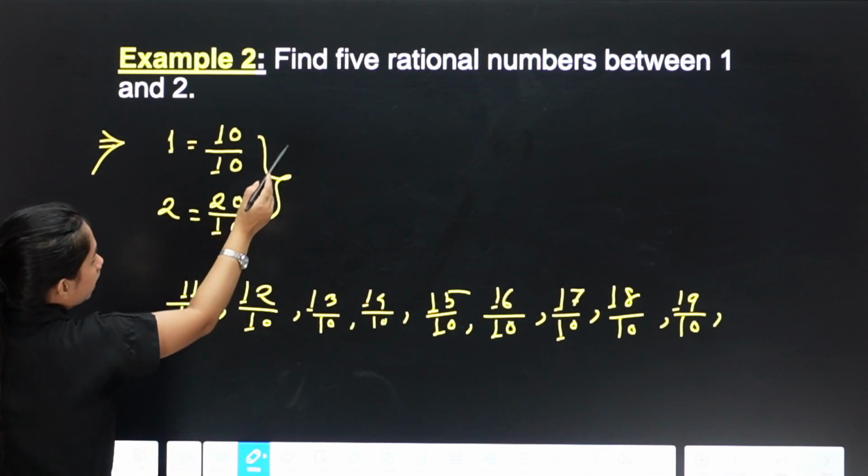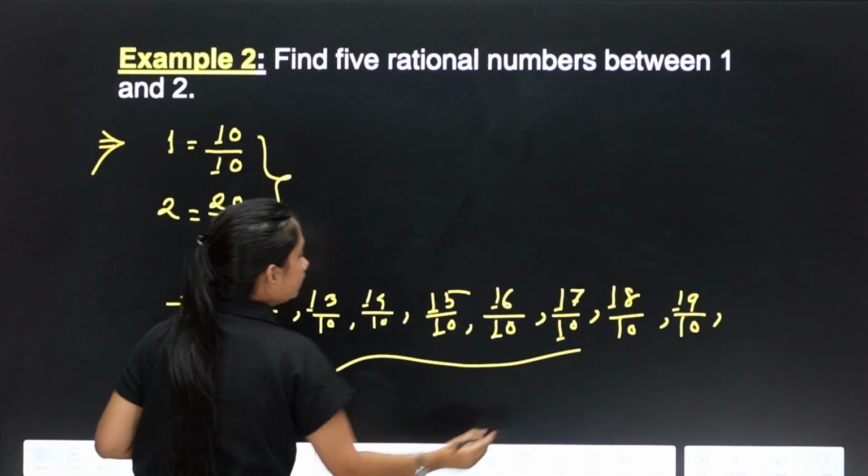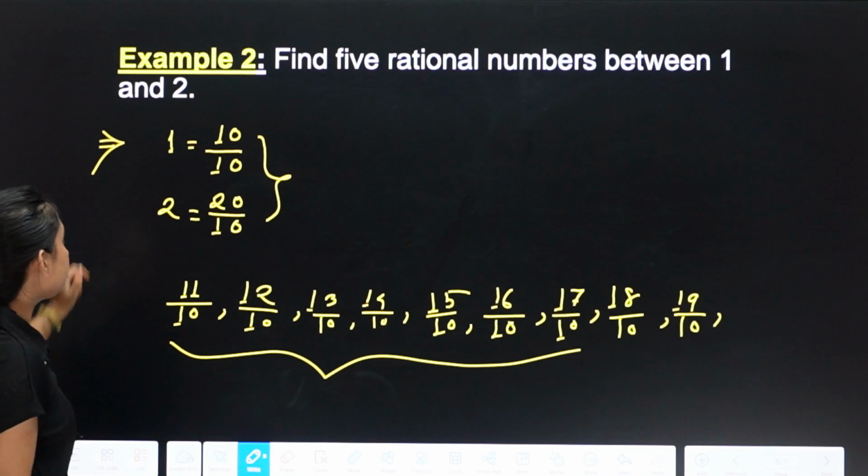We are asked to write 5 rational numbers, so you can write any 5 of these. So we have solved example 2.